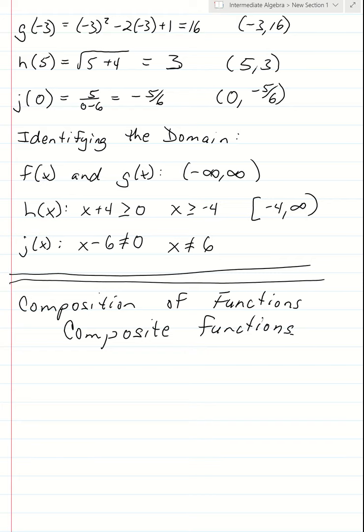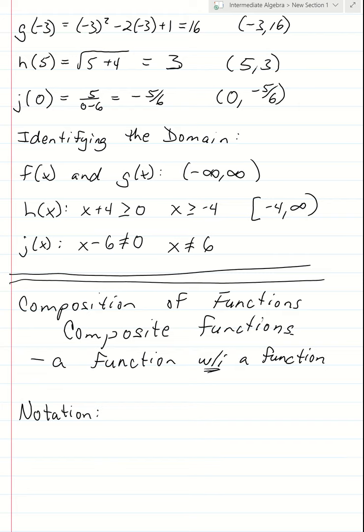Pretty much you're going to have a function within a function. Okay, and right here is the abbreviation for within. And this is the notation that we use for composite functions.